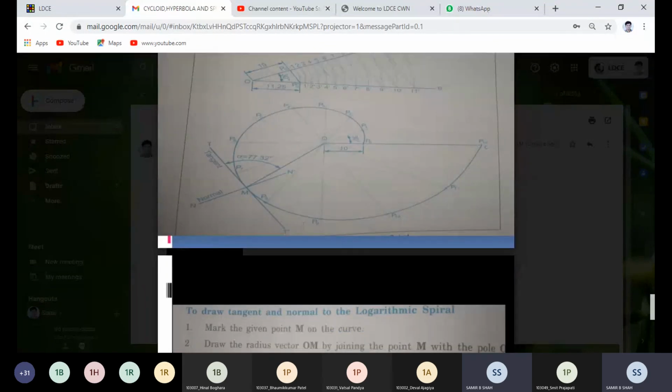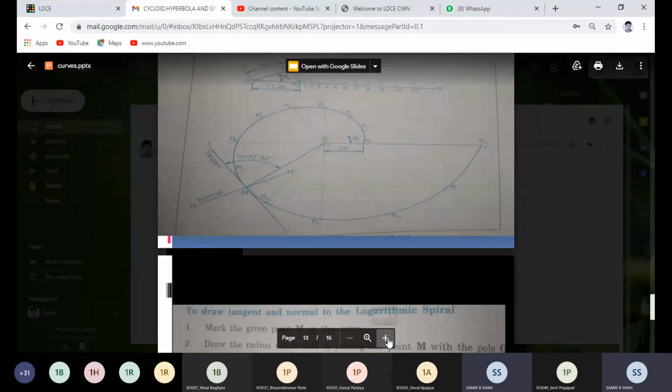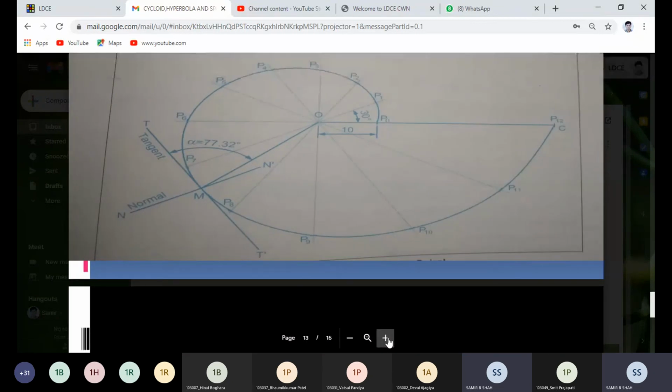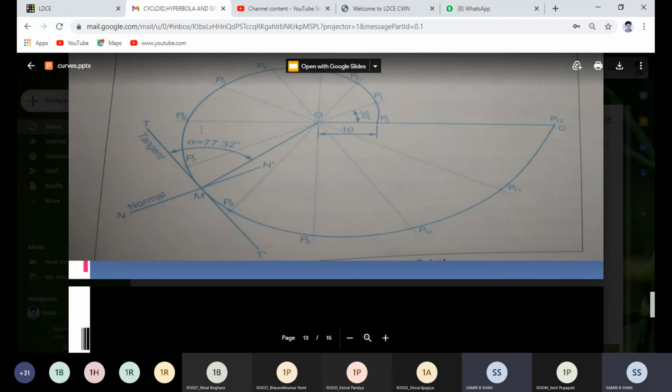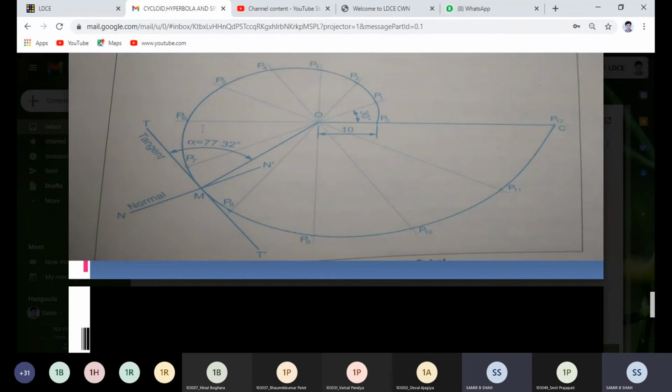I just share this lecture and lecture note with you, so you may just follow once again. Draw the line MT with the angle that we are getting, that is 77.32 degree, on line OM.